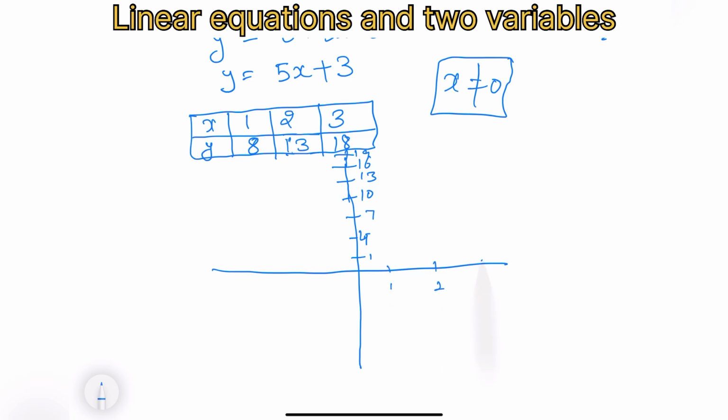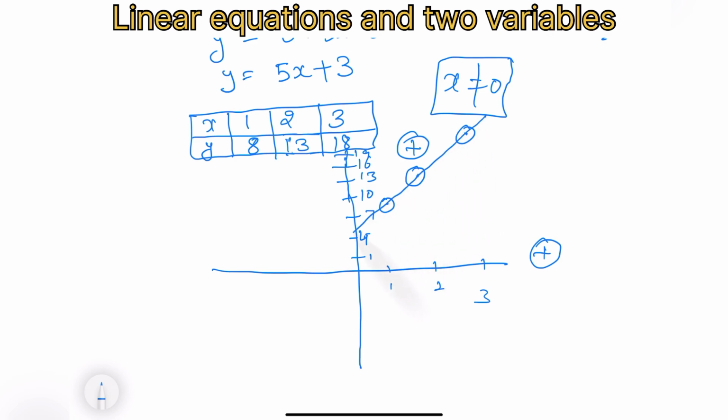Here we took 1, 2, 3. This is the positive direction of the x-axis, and this is the positive direction of the y-axis. So the value of x is 1 and the value of y is 8, so this will be the point. Now (2, 13) will be a point. Now (3, 18) will be a point.